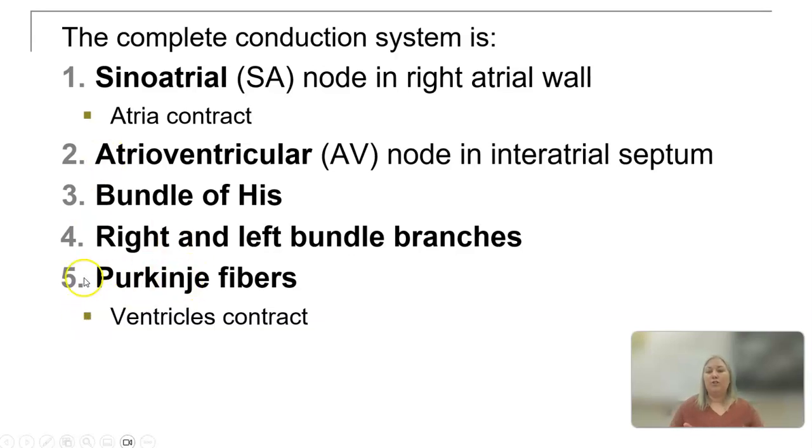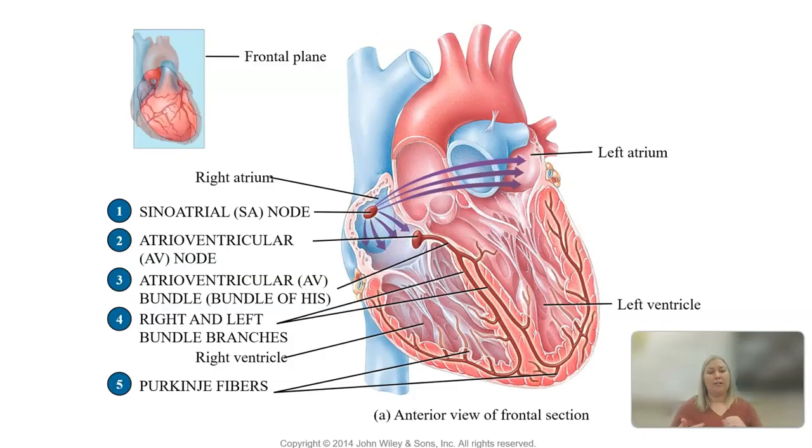Only once the signal reaches this final step do the ventricles contract. So there is a slight hesitation between the atria contracting and the ventricles contracting, which is actually kind of handy because blood is pretty viscous and it might take some time for it to move. It's not just an instantaneous motion from atria to ventricles.